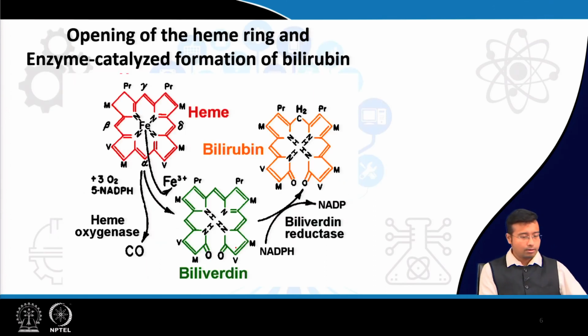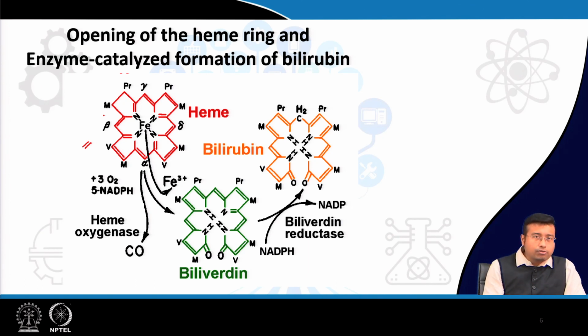There is a characteristic color difference between these compounds. Mind it, this cyclical compound heme is red or brownish in color when it is out of the RBCs.